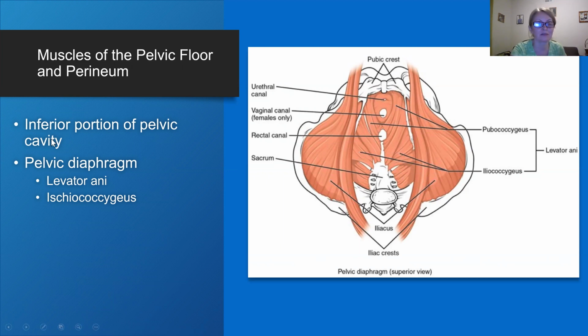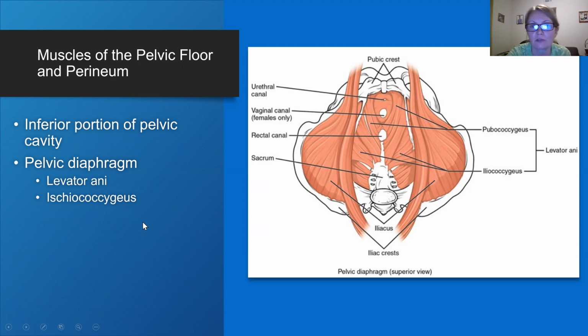So the pelvic diaphragm is the inferior portion of the pelvic cavity, and it keeps your pelvic and abdominal organs inside your cavities. It also assists, of course, in defecation and urination. The pelvic diaphragm is made of two major groups of muscle, levator ani and ischiococcygeus, or just the coccygeus muscle, right?